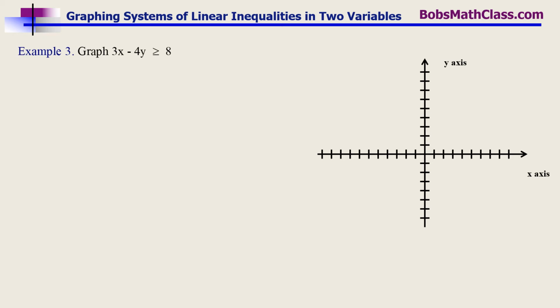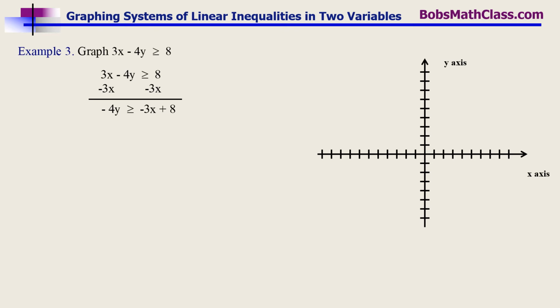What's our first step to get the y by itself? Right. Subtract the 3x. Minus 3x on the left, minus 3x on the right. So negative 4y greater than or equal to negative 3x plus 8.